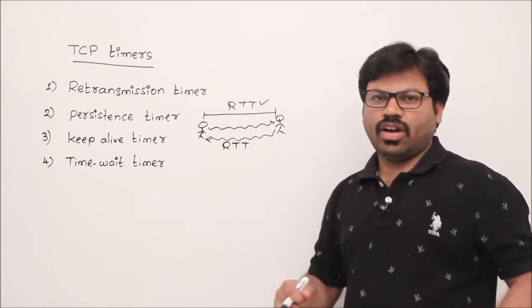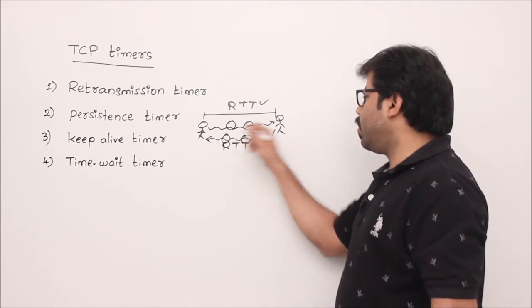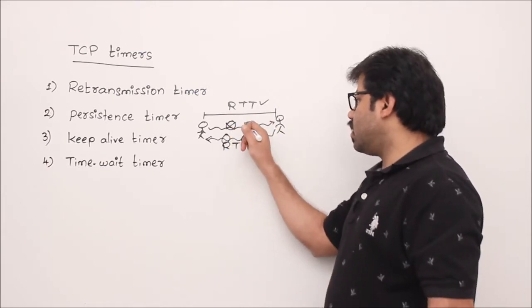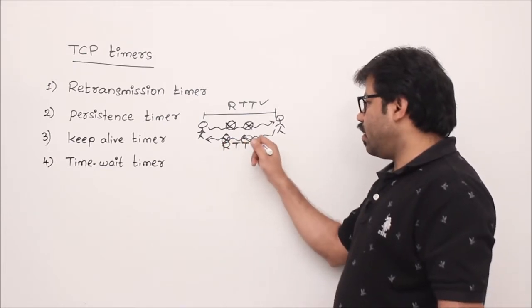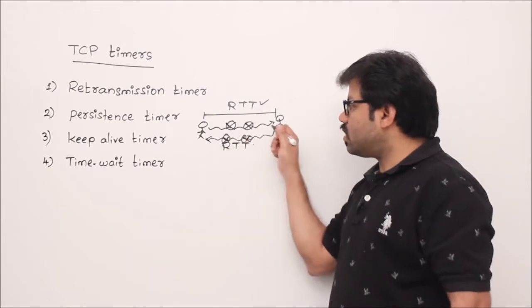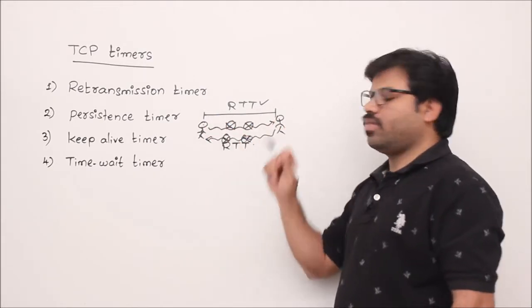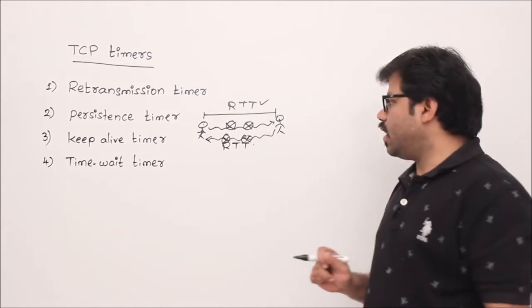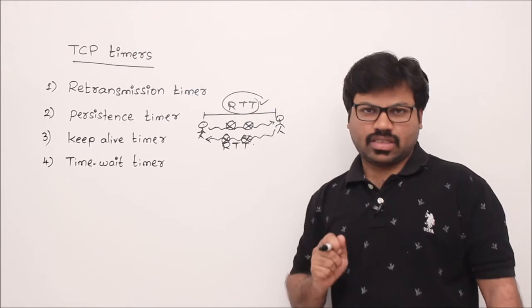But in reality, there are a lot of routers in between your trip, and they will be causing some delay, correct? Sometimes your packets will take a complicated route. We don't know exactly how much time they will take to transfer the data from here to here. That's why calculating round trip time is a difficult task in reality.